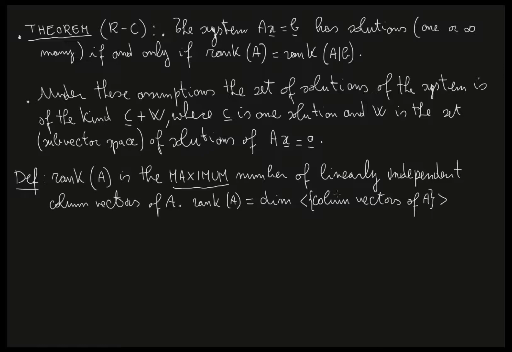So the dimension of this subvector space of Rk is precisely the maximum number of linearly independent column vectors of A, and therefore it is also another definition of rank of a matrix.